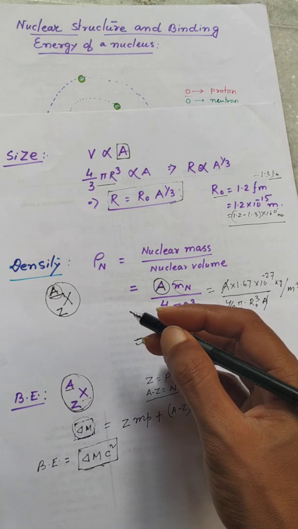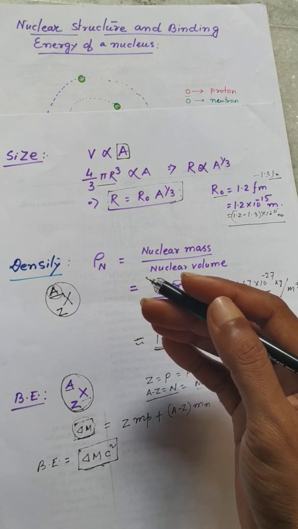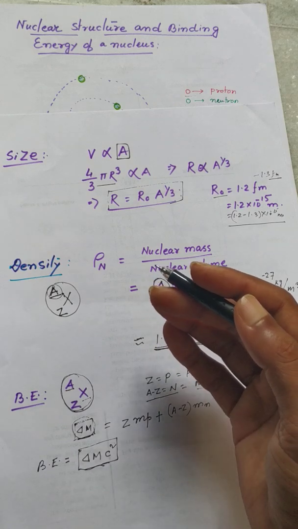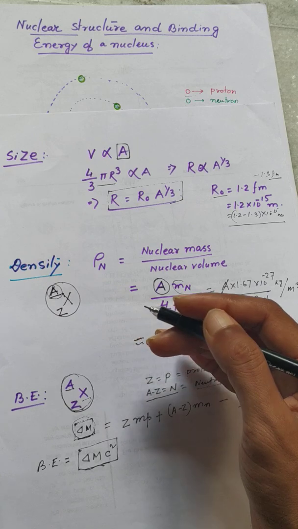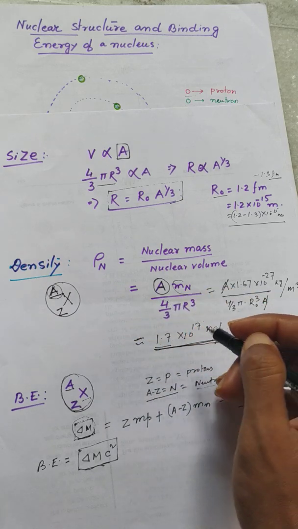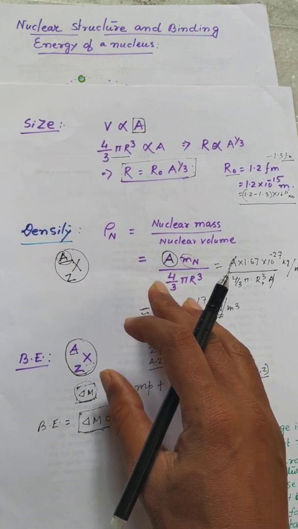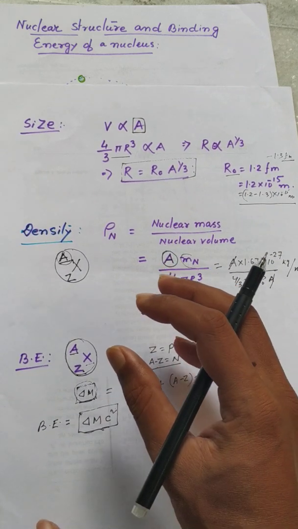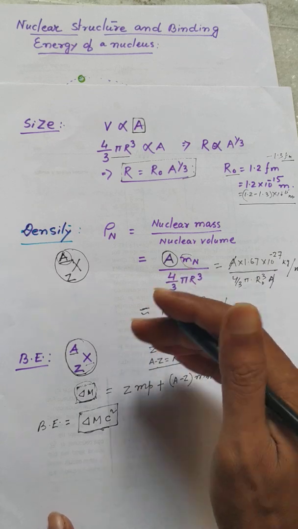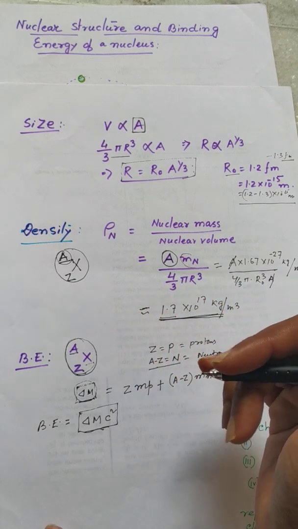Thus the density of a nucleus is independent of the size of the nucleus and does not depend on the mass number. So for any nucleus the density will be the same, just like a liquid drop.